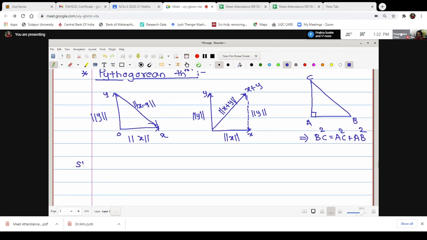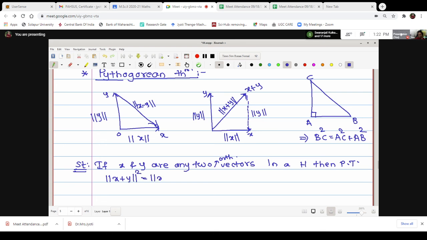Let me write the statement. The statement is: if x and y are any two orthogonal vectors in a Hilbert space H, then prove that norm square of x plus y equals norm square of x minus y equals, these are the squares of your hypotenuse, equal to the sum of squares of the sides.